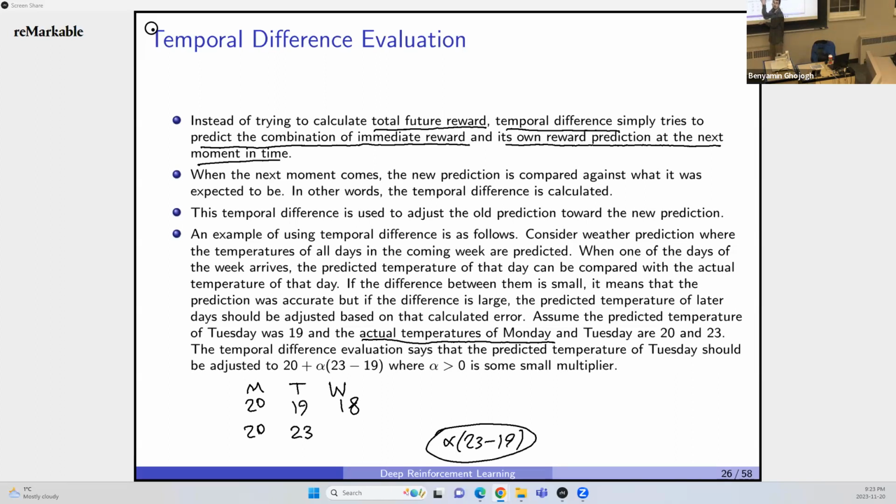If I'm too far off, this temporal difference becomes big. I add it to the next predictions. Again, I wait, Wednesday comes, I see how much difference I have, then I update my prediction for Thursday. Did you get it? This is temporal difference.